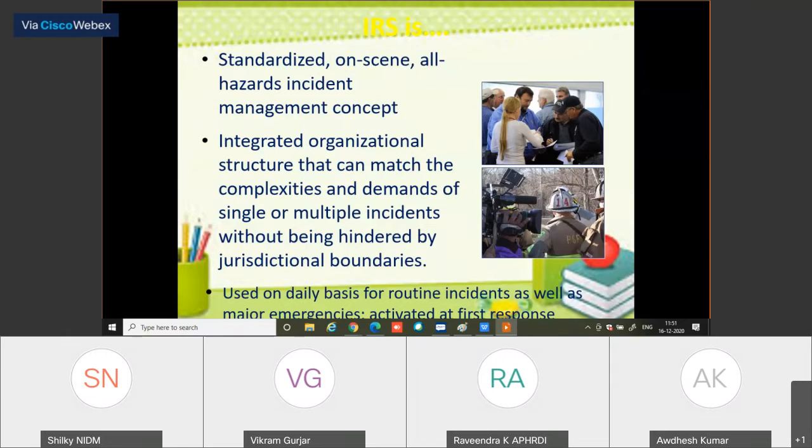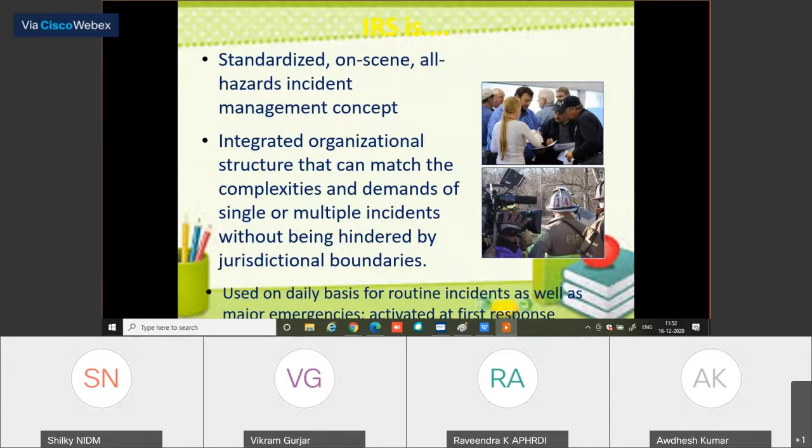overcome or tackle any disaster situation in a desired and effective manner, because we need to analyze the good management practices which are required to be followed during the management of incidents or disasters.